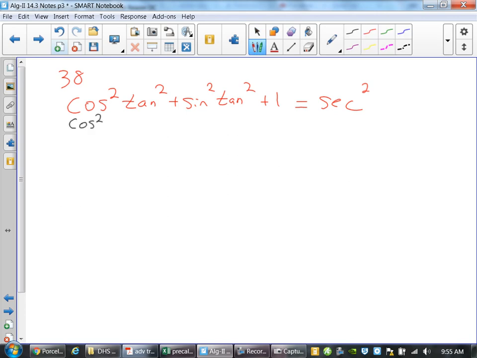Cosine squared times sine squared over cosine squared plus sine squared times sine squared over cosine squared is 1.